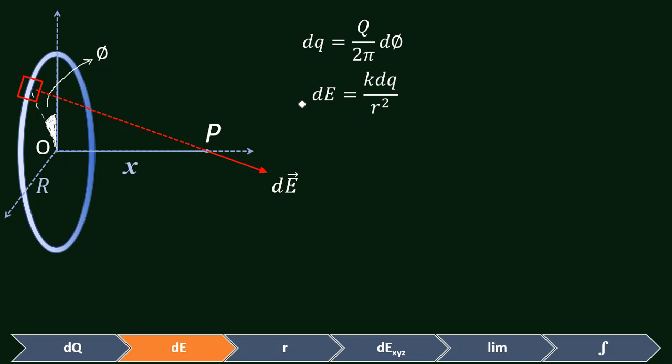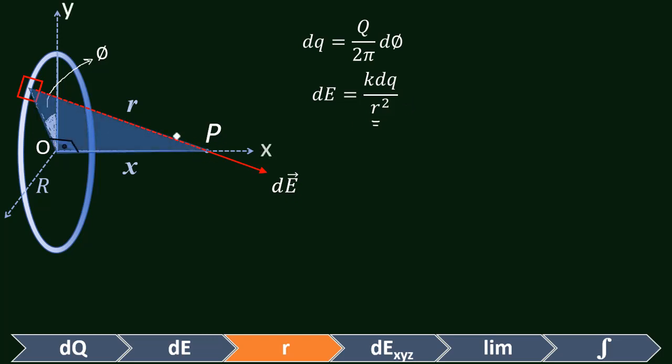So we're going to use the definition of a point charge's electric field. So this small dE is k dq over r squared. Beautiful. Well, now we have to define the r in the expression. But what is that r? Well, it's the distance between dq and P, between the point charge and the point of interest. So here is our r.